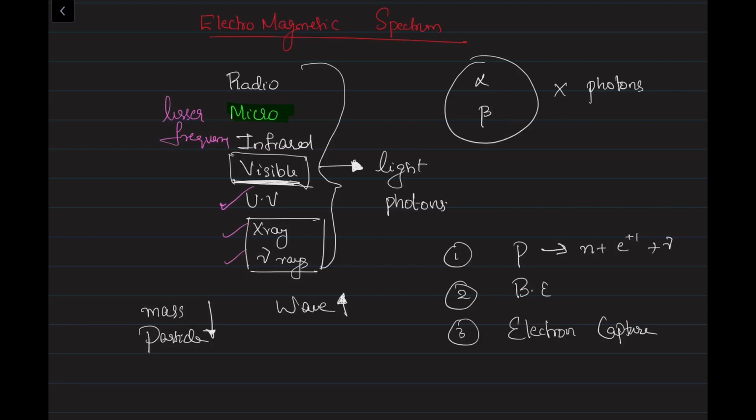Got it? Even if they can damage one or two cells, it's not going to make a big issue, something like cancer. Got it? So with that point, let me conclude today's topic. Thank you for listening.